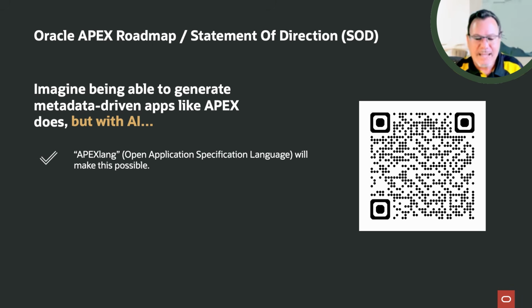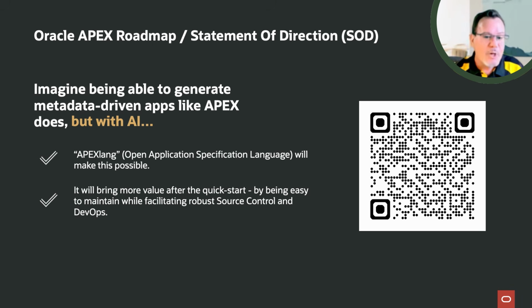It's a domain-specific language, and it will bring more value after the quick start of Apex as it currently is by being easy to maintain while facilitating robust source control and DevOps, because APEXlang files will be human-readable code that really isn't that much code, but it is deterministic, and it's easy to code review for software development managers. It's easy to review for security issues. It's easy to review and maintain in general in the future of your apps and making it easier to maintain.